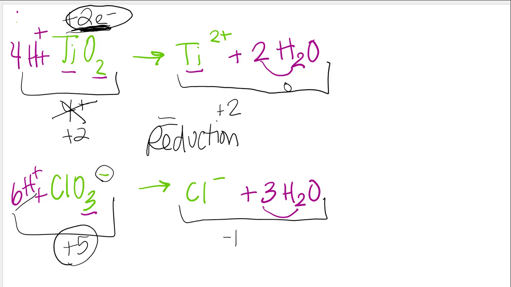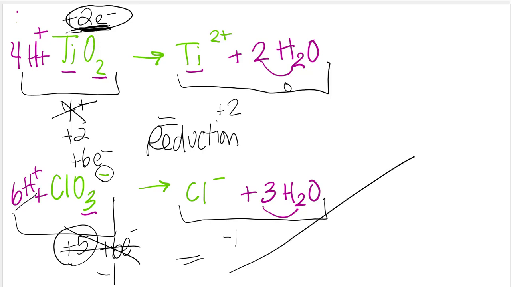I need this to get down to -1. So I need to add 6 electrons on the left side. If I add 6 electrons to my reactants, then I will have a -1 charge on the left, which is equal to a -1 charge on the right.